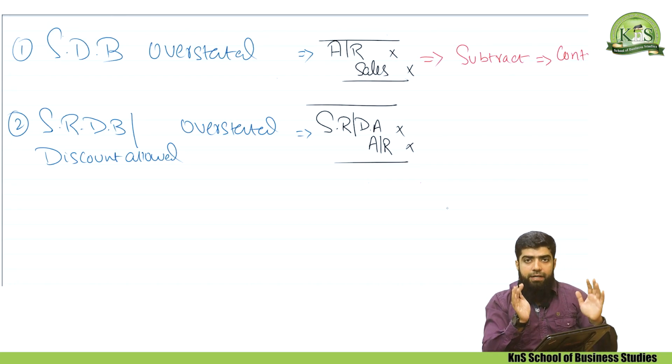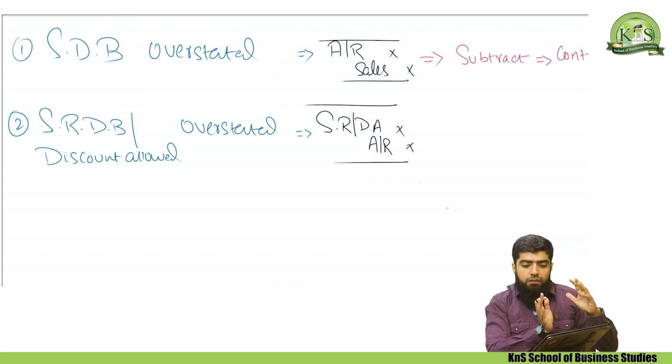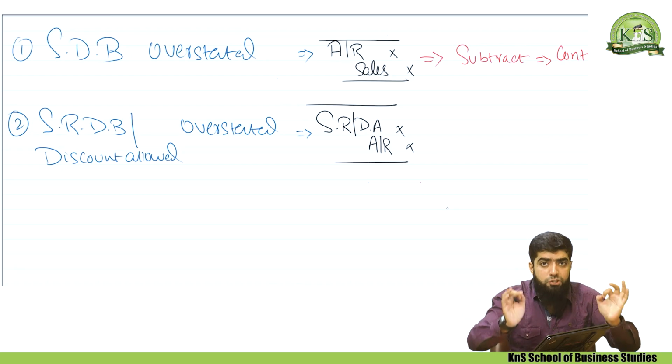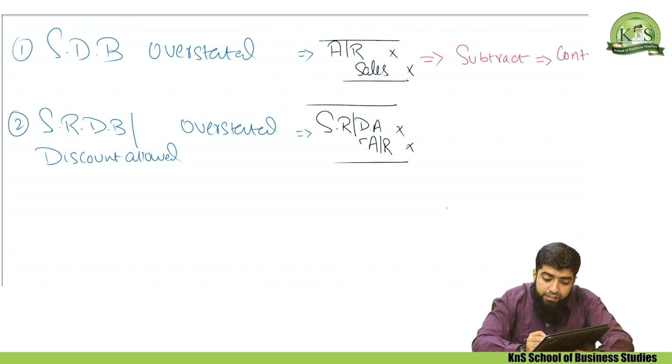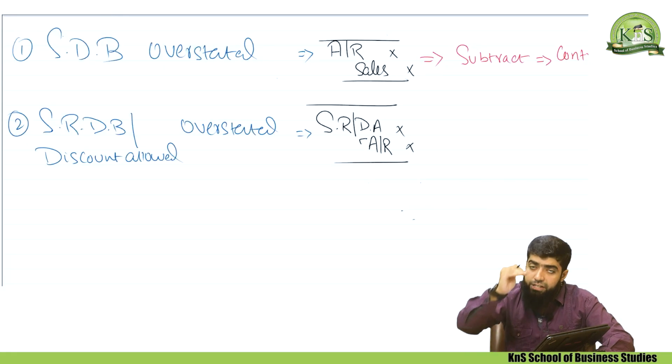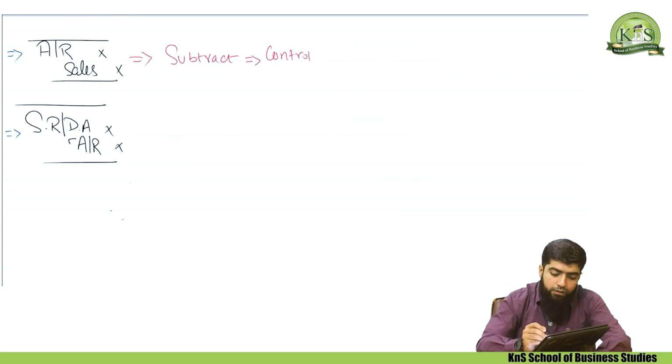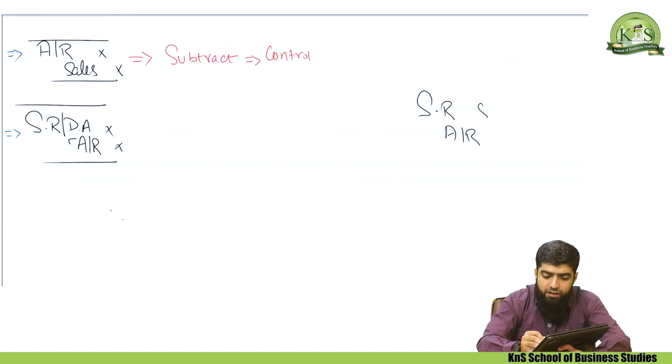Just imagine the background. What went wrong? You have recorded this entry with the higher amount, which means you have credited accounts receivable with the higher amount, which means you have reduced accounts receivable by the higher amount. For instance, sales return debit and accounts receivable credit should have been recorded with the amount of 500.